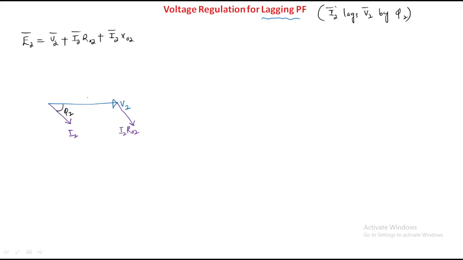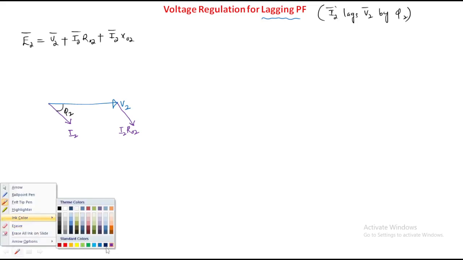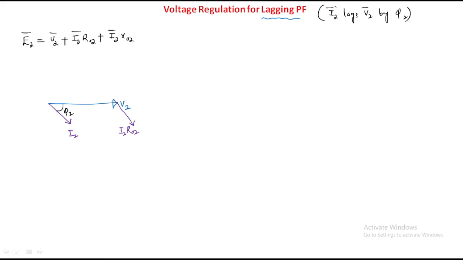So V2 is completed, I2 is completed, I2 R02 is completed. Then I2 X02 is in quadrature with I2 R02. Finally, this is I2 X02.